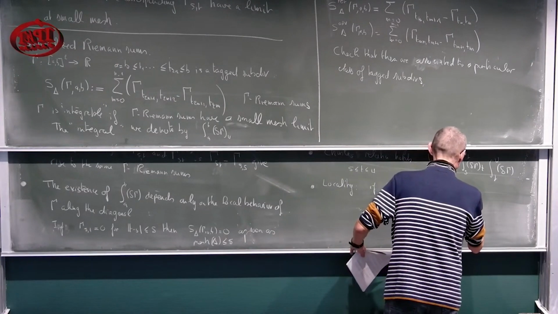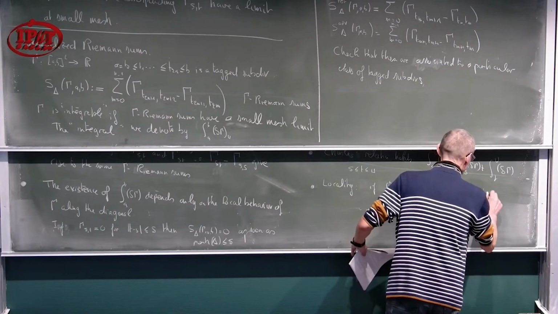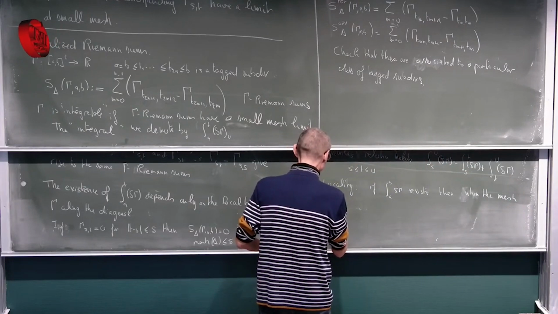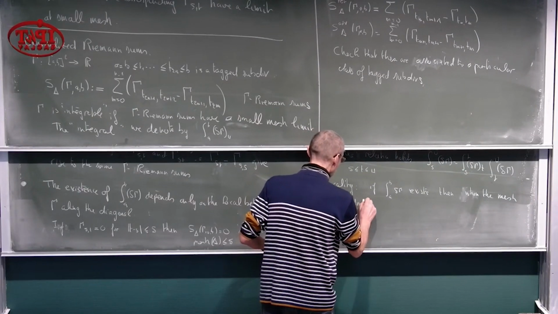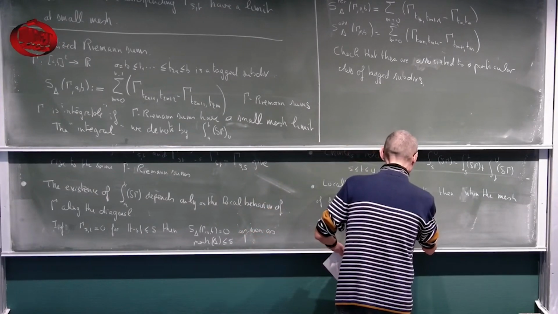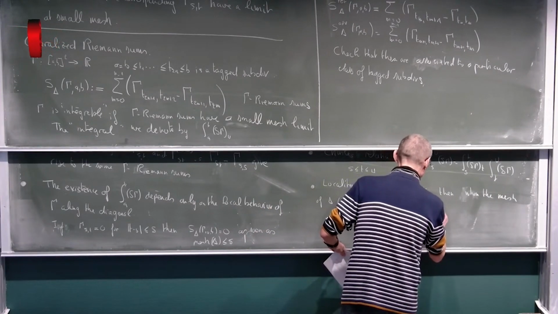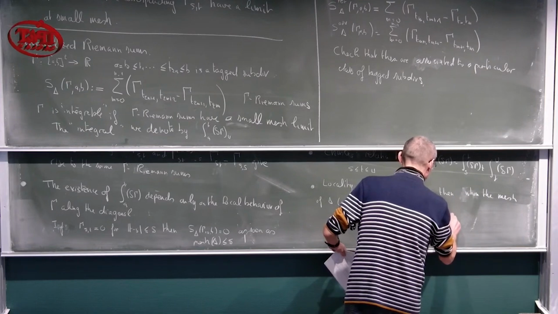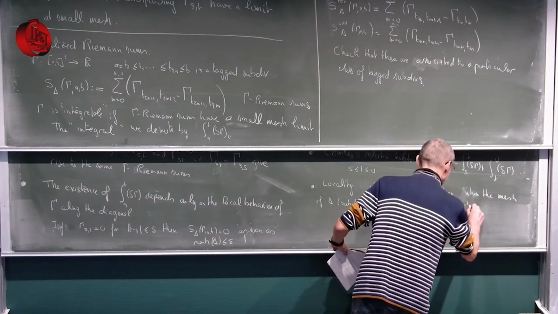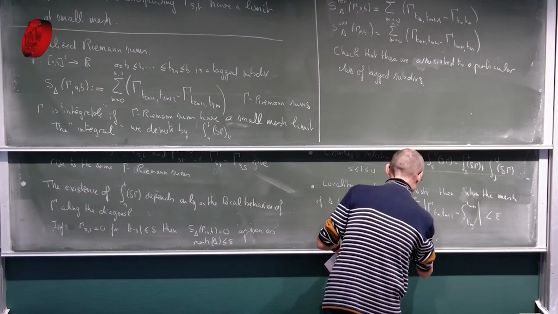When the mesh of delta, which is a subdivision, is small, it's even better than that. In fact, then the sum from m equals 0 to n minus 1 of gamma e_m e_{m+1} minus the integral e_m e_{m+1} is less than epsilon, and you can do it in the reverse order.